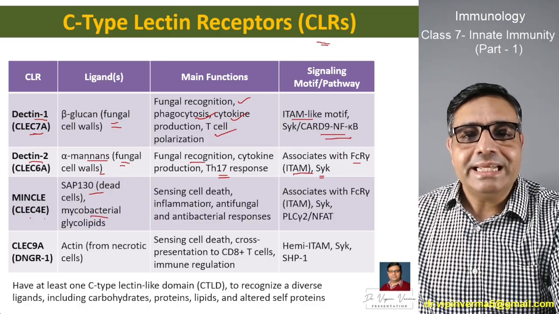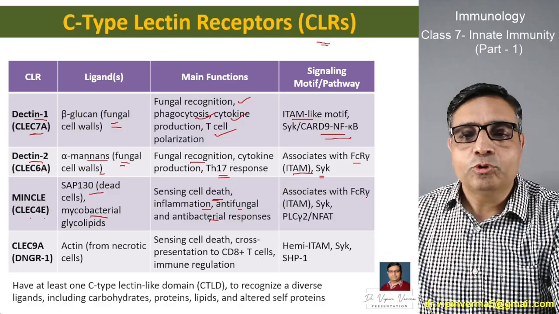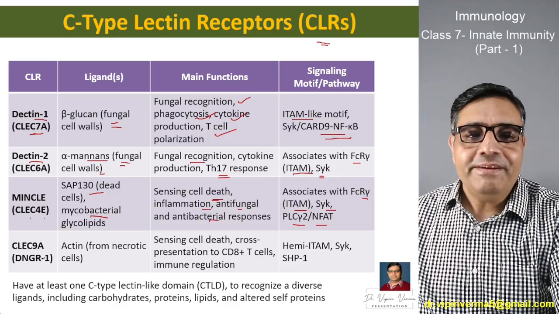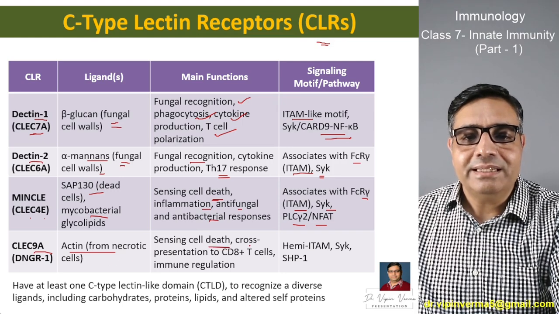It senses cell death, inflammation, and antifungal and antibacterial responses. It associates with FcR gamma, which is again ITAM, SYK, and PLC gamma 2 and NFAT, right? And then we have CLEC9A, whose ligand is actin from necrotic cells. It senses cell death, cross-presentation to CD8 positive T cells, and immune regulation.